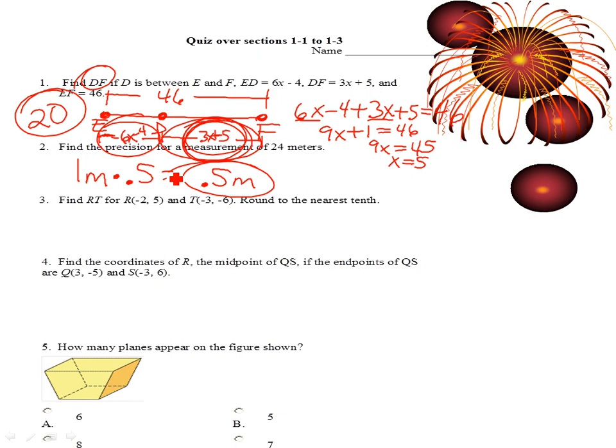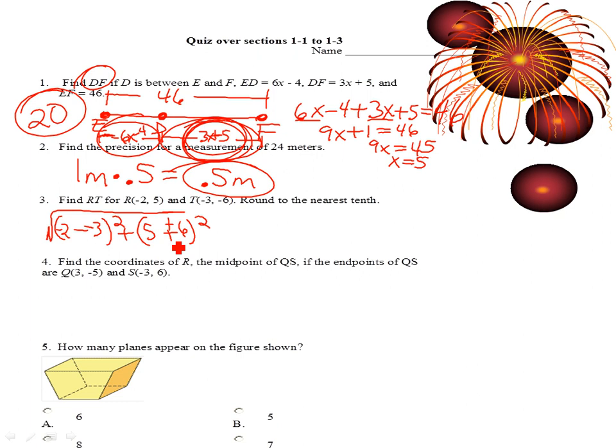Find RT. So again, what are we finding? Distance, the length of RT, and we're using the distance formula. Same thing every time. This part is the skeleton part of it. What are the x coordinates for these two? 2 and negative 2, negative 2 and negative 3. Y coordinates? 5 and negative 6. Both of these we can change the signs there, right?